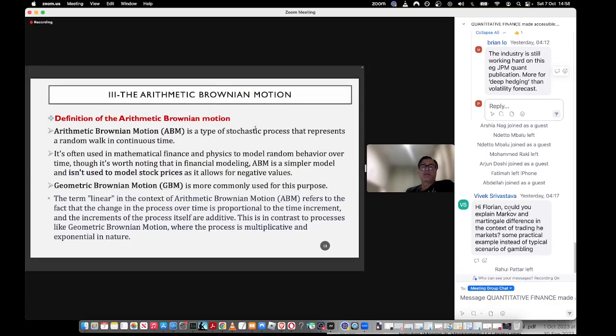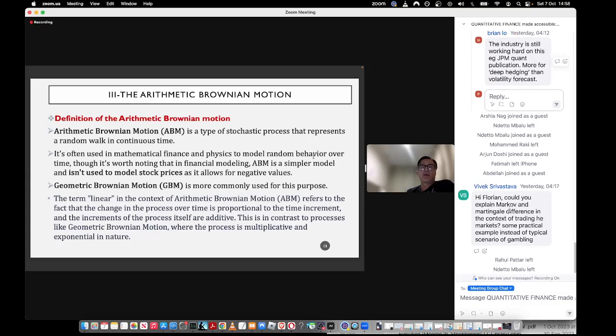So the arithmetic Brownian motion is a type of stochastic process that represents again a random walk in continuous time. So remember the arithmetic Brownian motion, because it's the random walk in continuous time, and you will use that in physics and mathematics and many other fields to model the stochastic process where there is a random component.